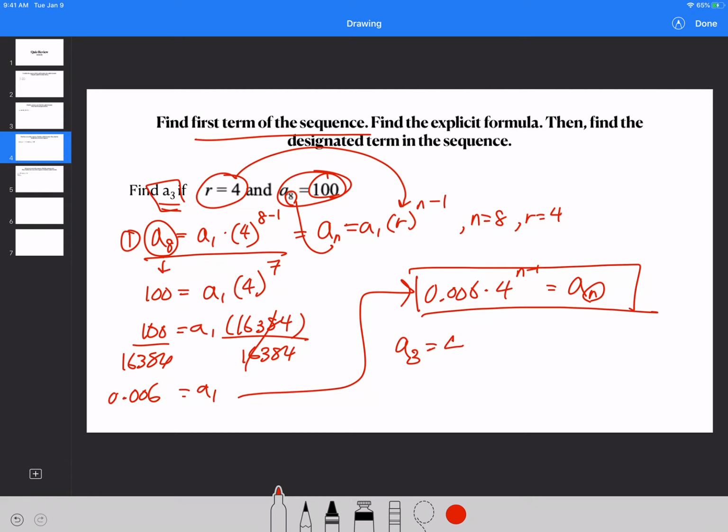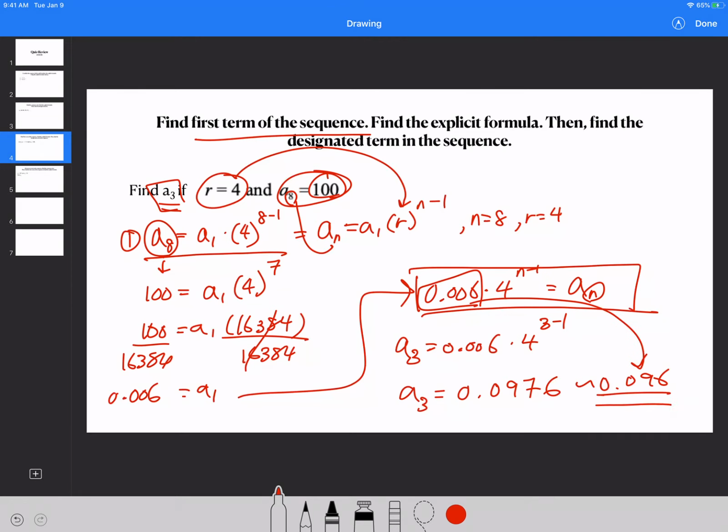So 0.006 times 4 to the power of 3 minus 1. So that times 4 raised to the power of 2. My final answer for a sub 3, I get 0.0976. That's because I didn't properly round it, but if I were to get the answer that you guys might see, then you might see that it's 0.096 if you were to just use this.